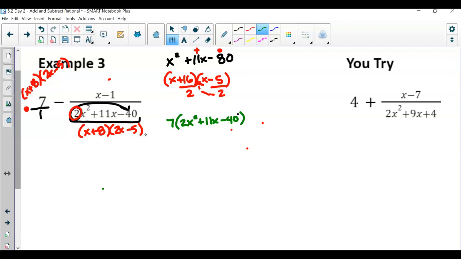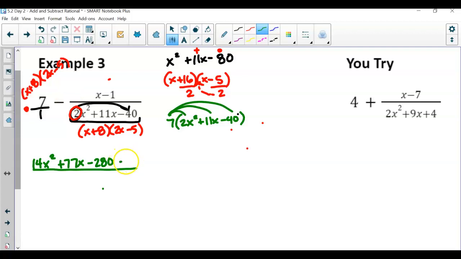For combining like terms purposes, I'm going to go ahead and distribute and multiply the 7. So 7 times 2 is 14, so 14x squared. 7 times 11x, 77x. And 7 times negative 40 is negative 280.